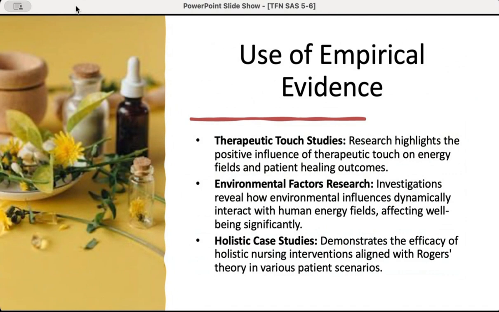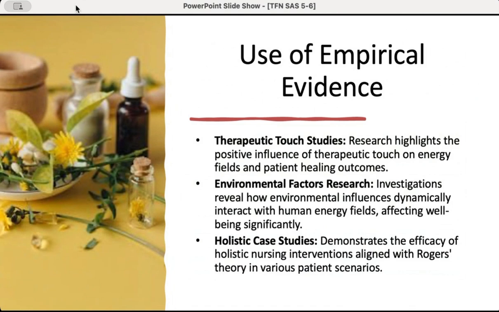And we have to be very careful with therapeutic touch because there are some cultures who don't really want that kind of intervention. Say for example, the Muslim community, where we have to consider the sex of the nurses who will be catering to those of the female sex.